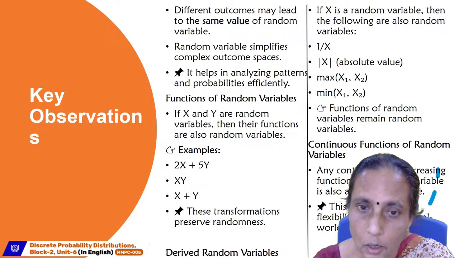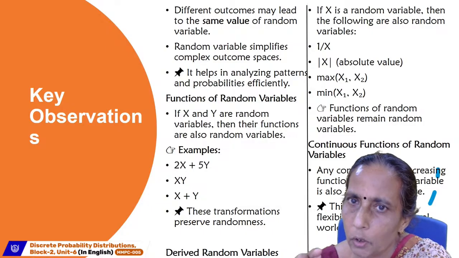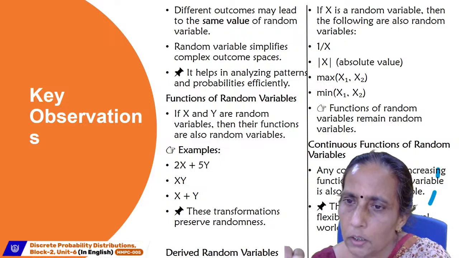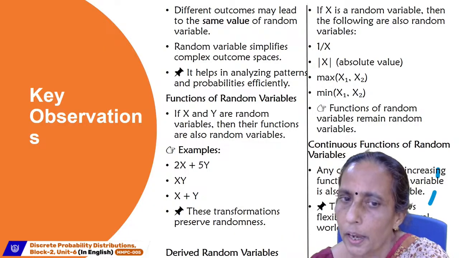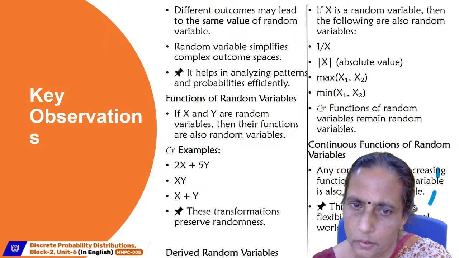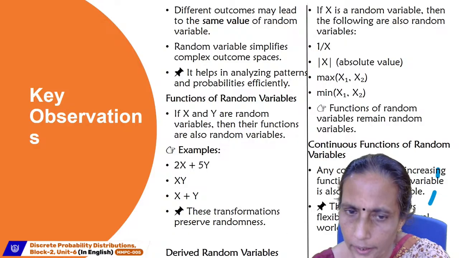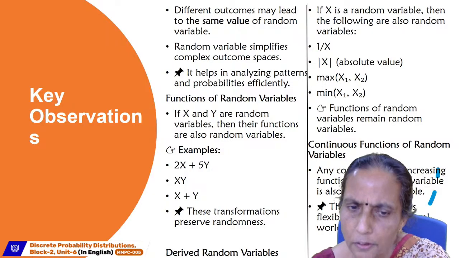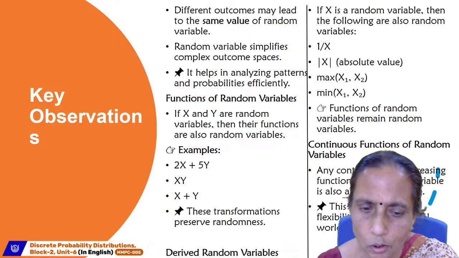The key observation in this experiment is that different outcomes may lead to the same value of the random variable. Random variables simplify complex outcomes and help in analyzing patterns and probabilities efficiently. If X and Y are two random variables, then their functions are also random variables, such as 2X plus 5Y, XY, X square, Y square, and so forth.